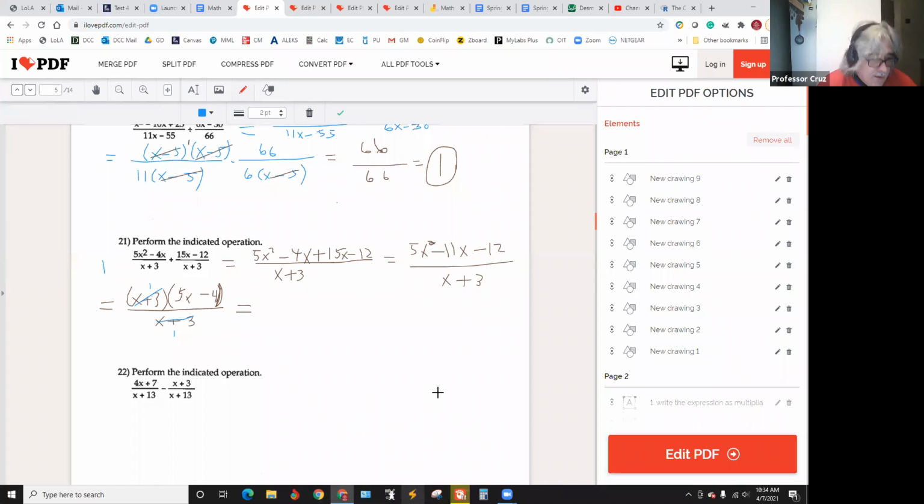But you have 1 there, so just realize what you're doing, because that word cancel tends to mean that they undo one another. In a sense they are, but you're essentially taking out a common factor of 1 when those common factors are the same. So the only thing we got left is 5x minus 4.